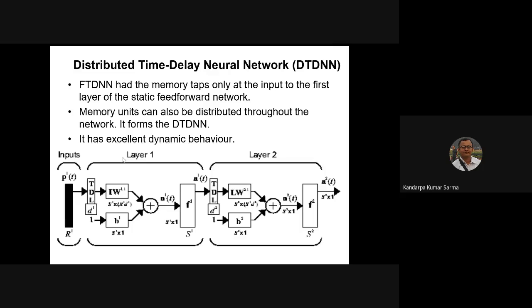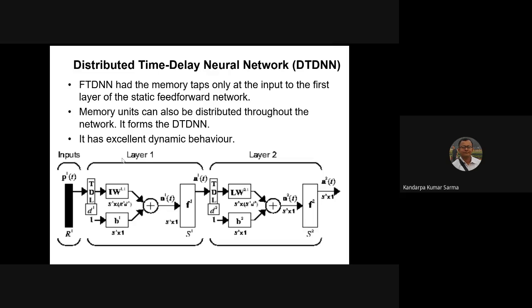We will find here that the tap delay lines will be distributed in layer 1 and in layer 2. We have found previously that the most common time delay neural network had the tap delay line in layer 1.